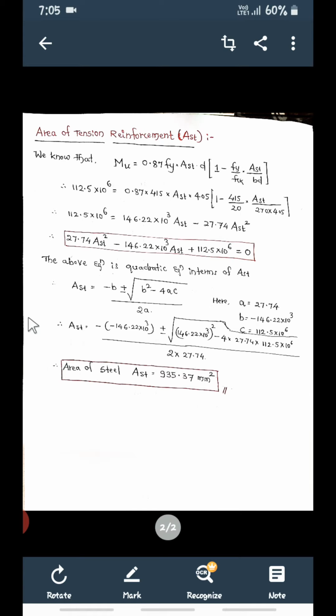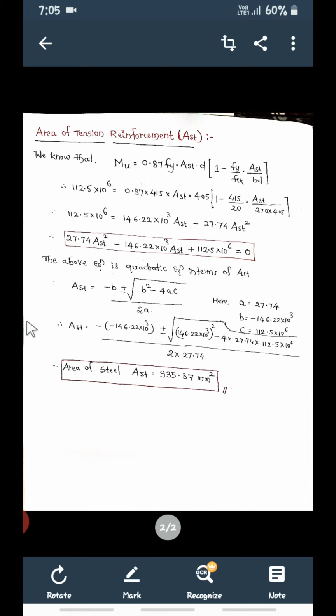According to that, we have written the equations. Then we have seen stress block parameters. One important derivation we have done in the stress block parameters, that is you have to show that x bar is equal to 0.4 xu. That derivation is important. Then we have started the problems.